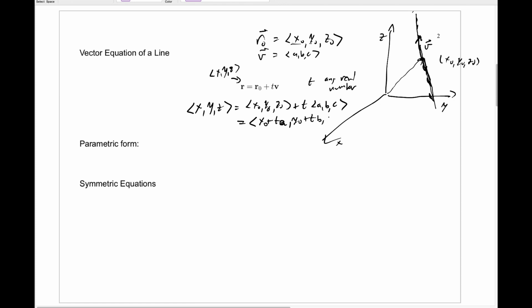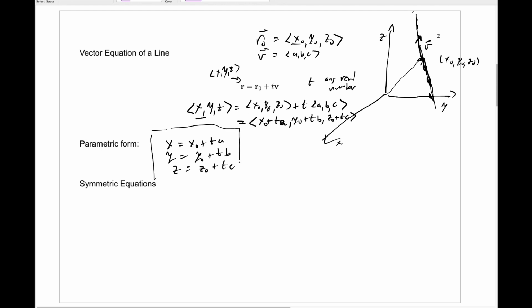The third component is z naught plus t times c. This is r naught plus tv, and I need x, y, z to equal this vector. In other words, component-wise, x has to equal x naught plus ta, y has to equal y naught plus tb, and z has to equal z naught plus tc.